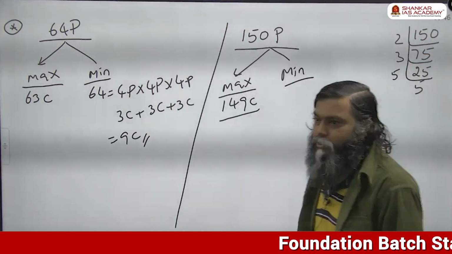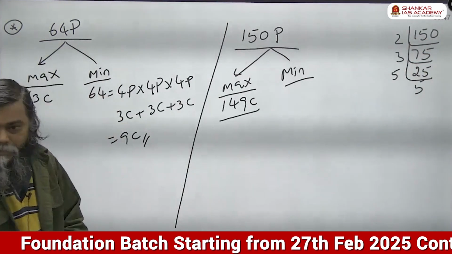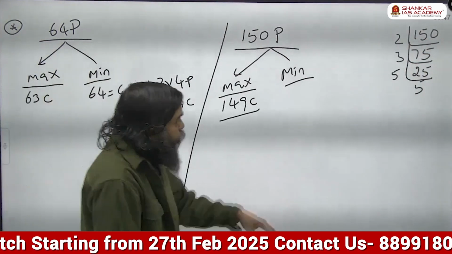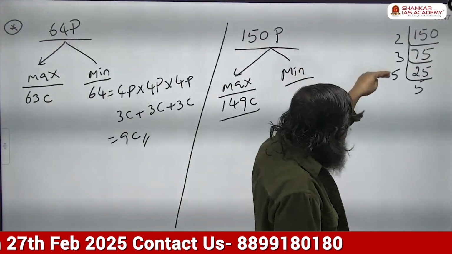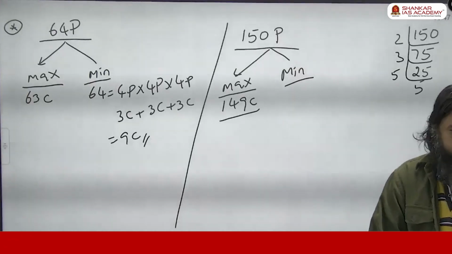By seeing this, you know which are closer to each other. What is the closest? I have to use 5 into 5 into 6. They are closer to each other.